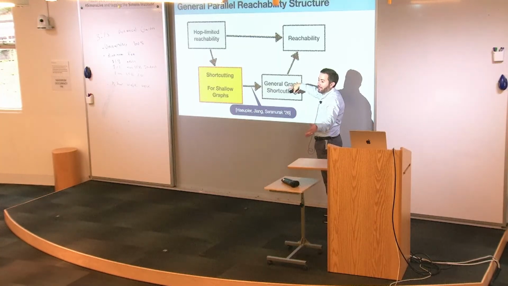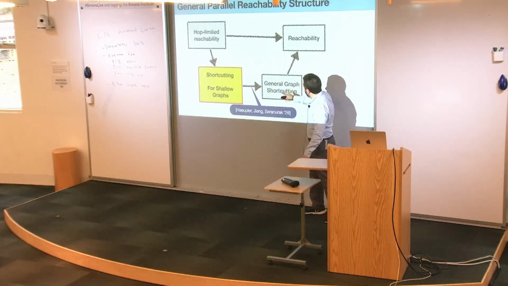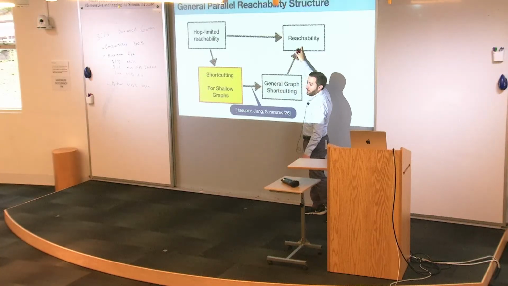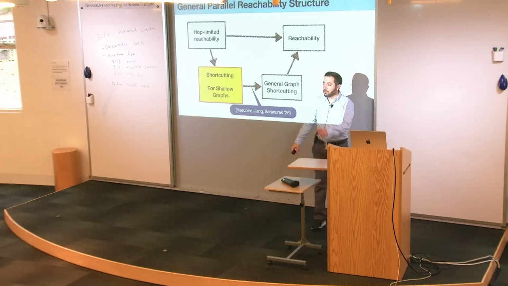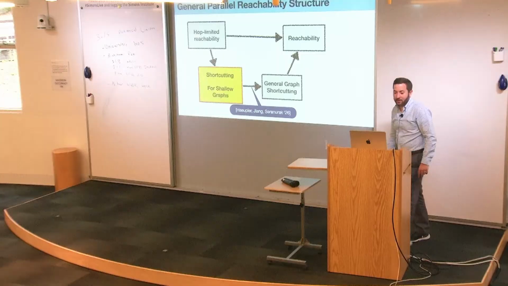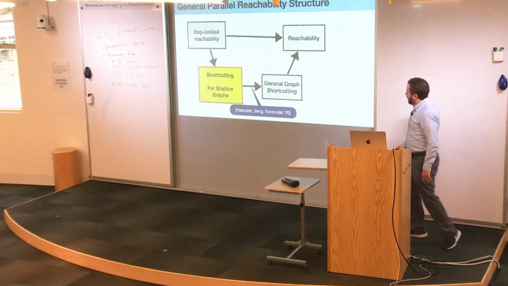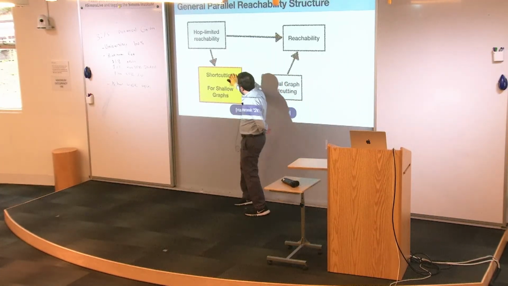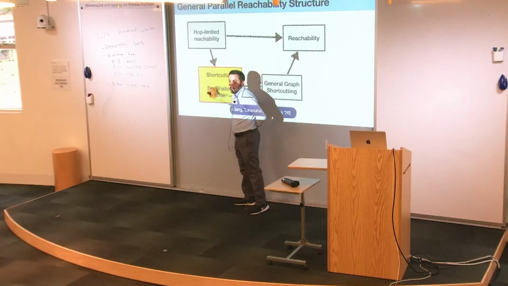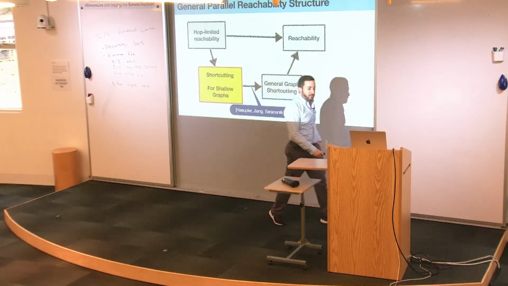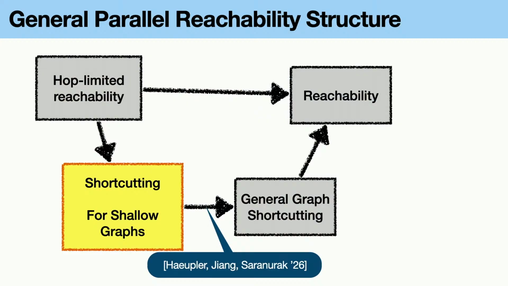So you just do that again. So this is Monte Carlo, this is Las Vegas. And so really the only hard part is doing the shortcutting for shallow graphs at this point. Everything else we have the pieces for, or black box reductions.